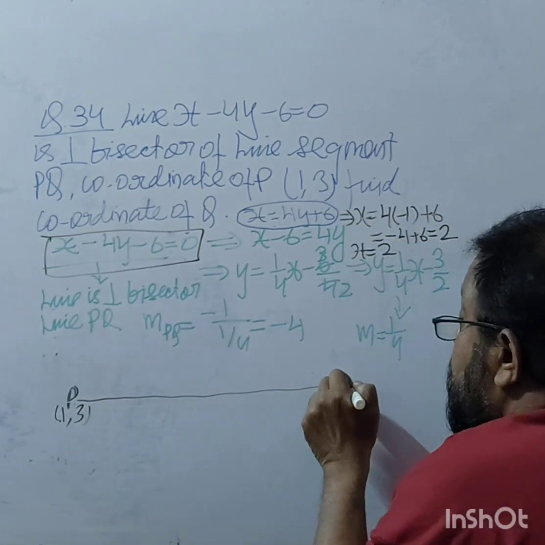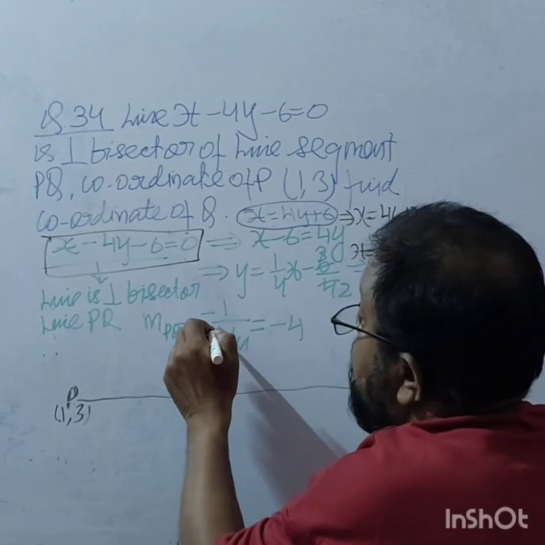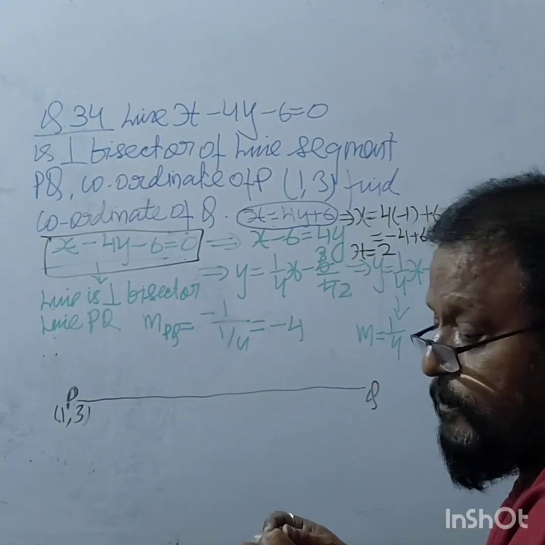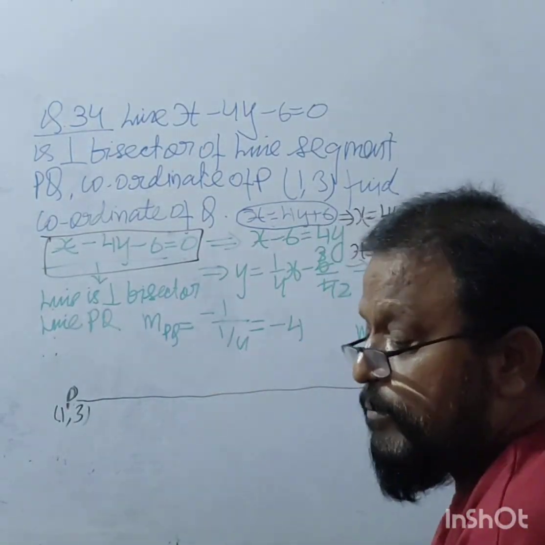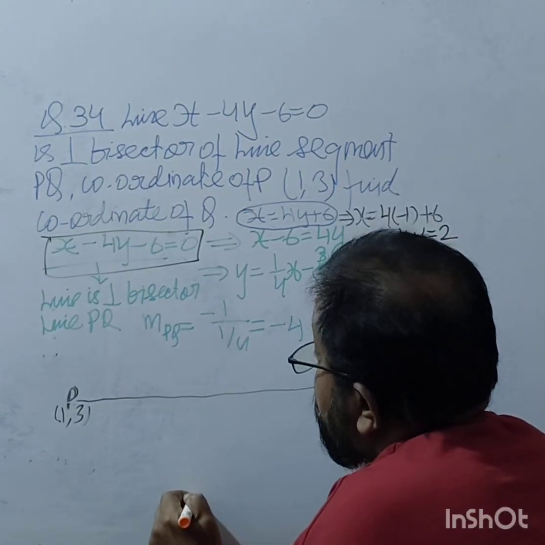This is Q, and there is another line passing through PQ.